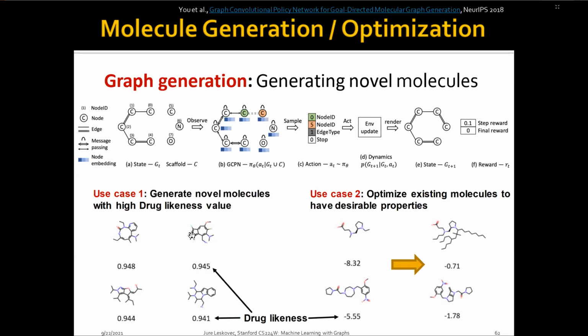So you can train a model to observe all the existing molecules that have high drug likeness values, and they can learn about all these graph structures, and use that information to generate new graphs, and that potentially can lead to new drugs.